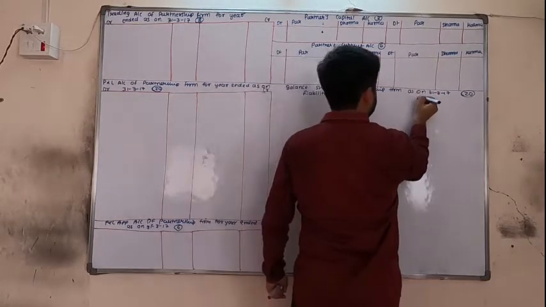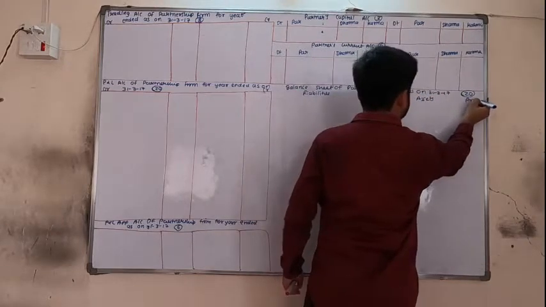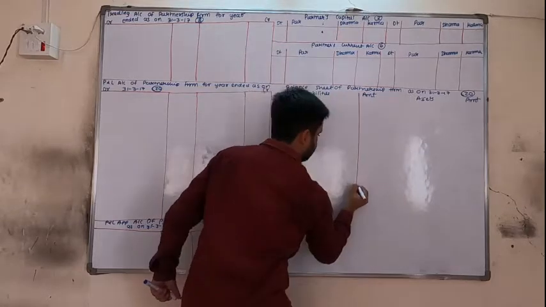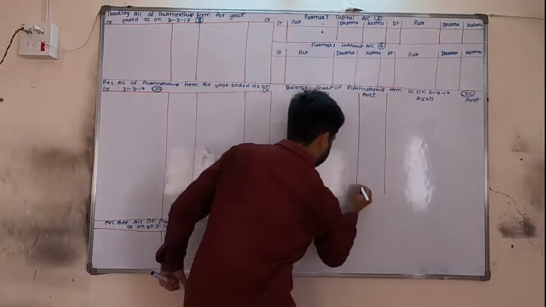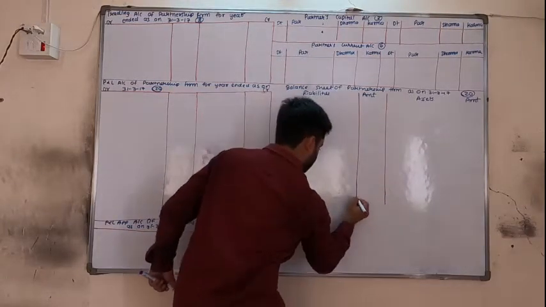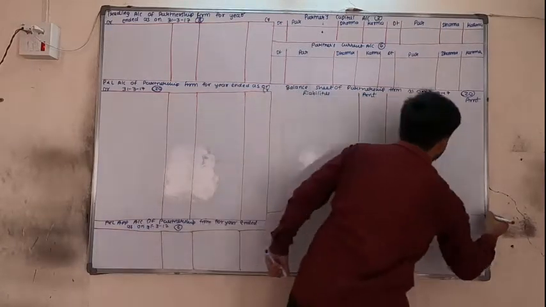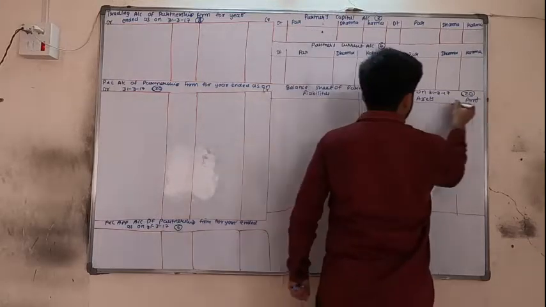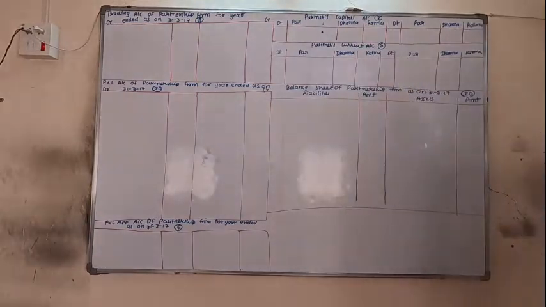Liabilities amount, assets amount. Friends, the account drawing is over. Now we are starting the sum.